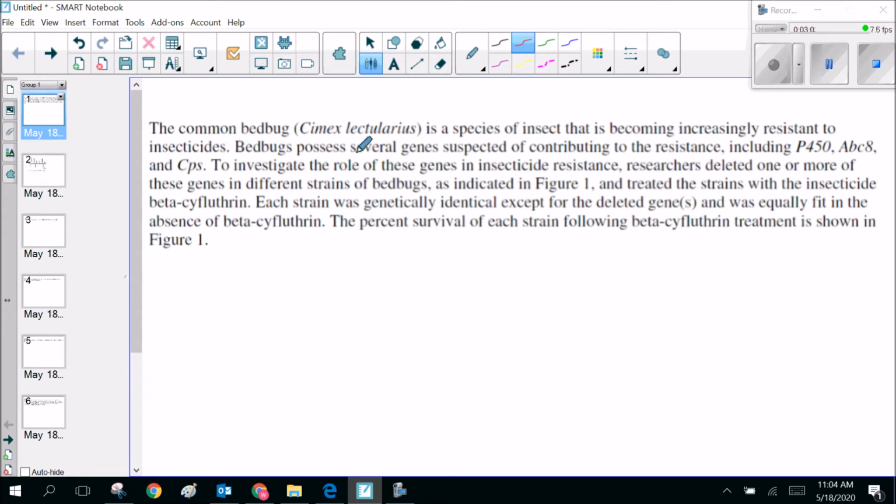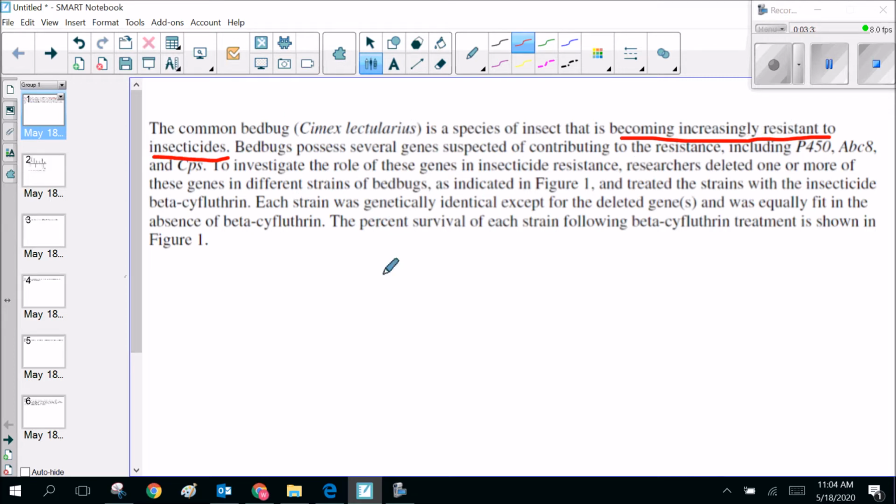The common bedbug, Cimex lectularius or something, is a species of insect that is becoming increasingly resistant to insecticides. Okay, so out of all of this, I'm going to underline "becoming increasingly resistant to insecticides," because the name of the thing maybe is important, and you could underline that. But what I got out of that sentence is that we're talking about resistance to insecticides.